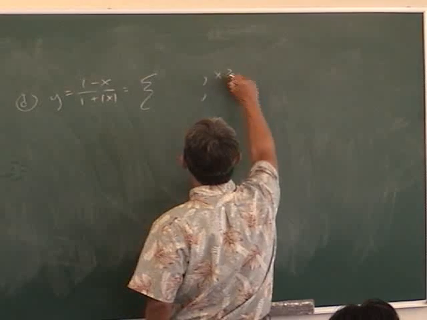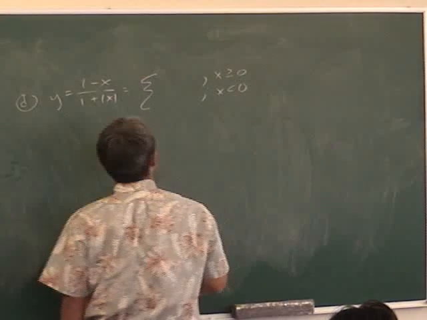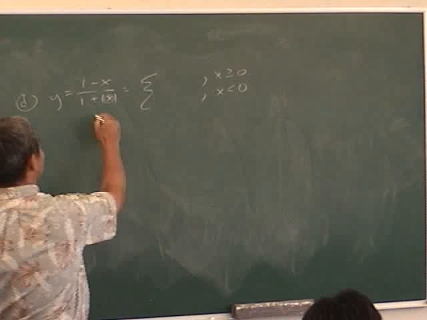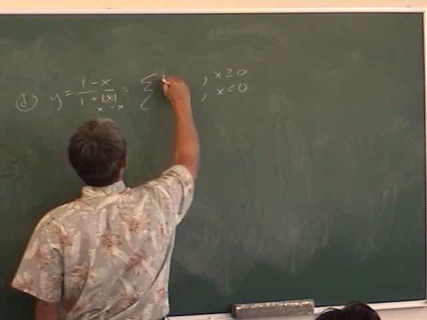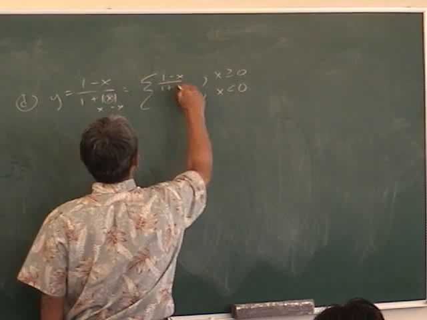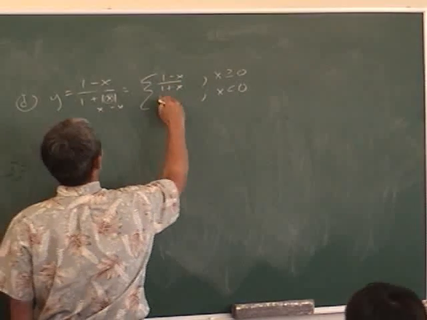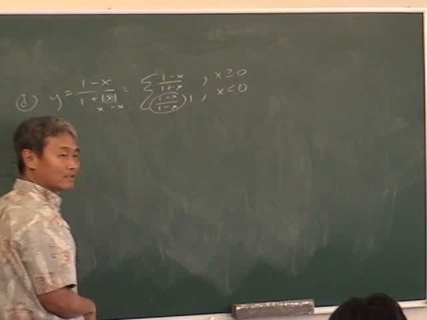Some of you are still hazy on how I know it's 0. Because that's what makes the inside of the absolute value 0. So either you leave it alone or negate it. If the inside is positive, you leave it alone, so you get 1 minus x over 1 plus x. If the inside is negative, you negate it, so you get 1 minus x over 1 minus x, but that simplifies to 1.